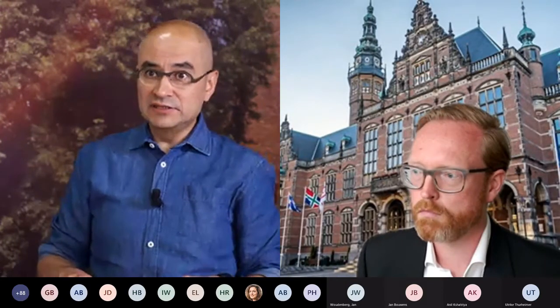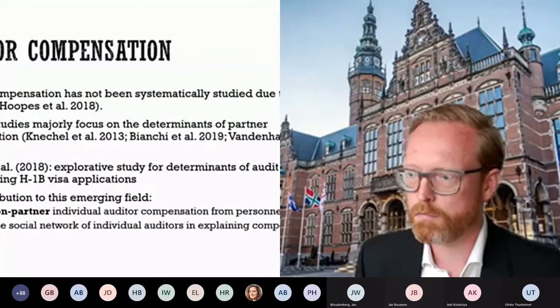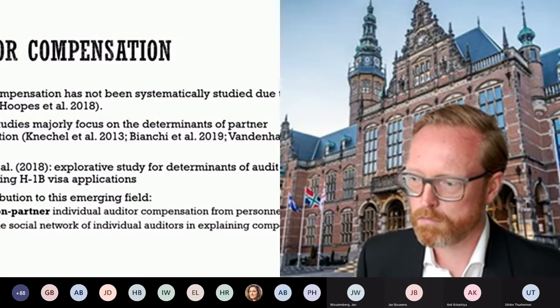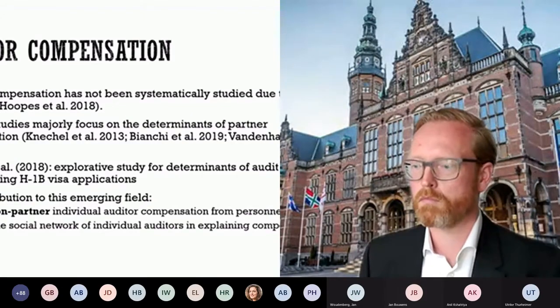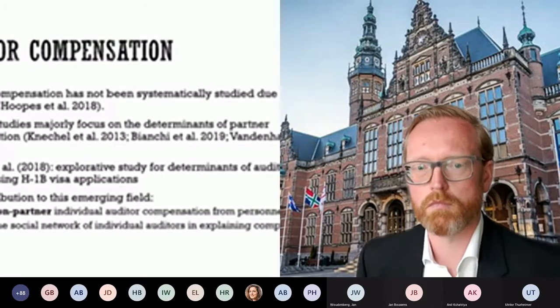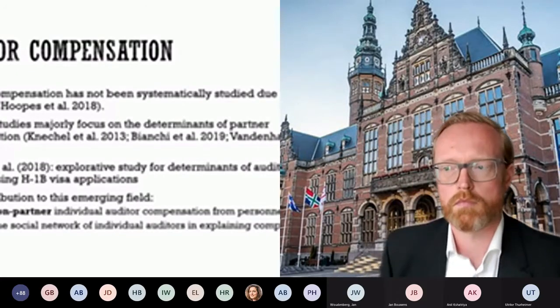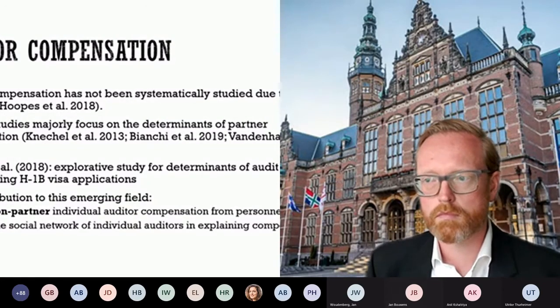Now, the other studies, by Van der Houten, for instance, and Bianchi, also look at audit partner compensation, and in the case of Bianchi, they use audit fee data. Then, if you look at compensation at other levels, there is only one study, by Hoopes, which is forthcoming in the Review of Accounting Studies, that does not focus on audit partner compensation, but rather on the compensation of the lower ranked auditors.